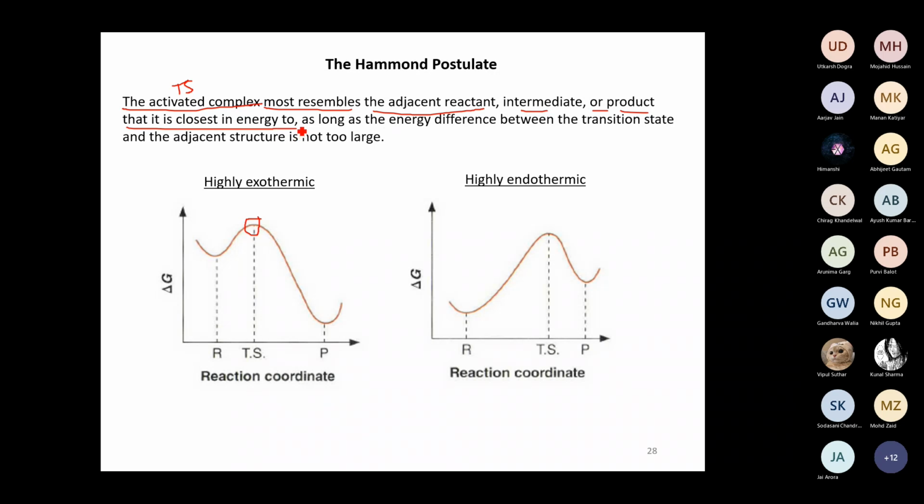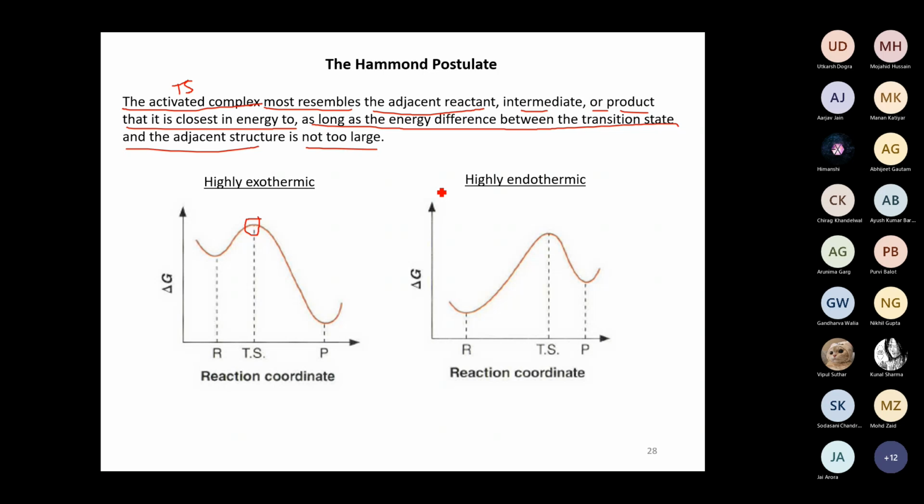Okay, that makes sense. But there is another condition: as long as the energy difference between the transition state, the activated state, and the adjacent structure is not too large. Adjacent structure means the adjacent reactant, product, or intermediate. So what does it mean?